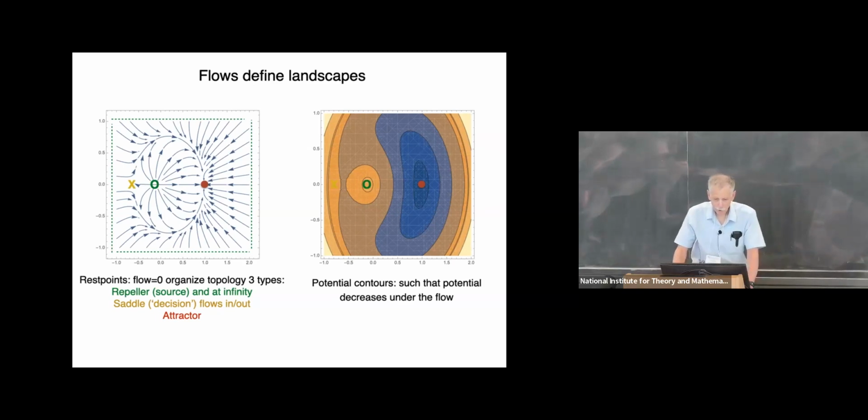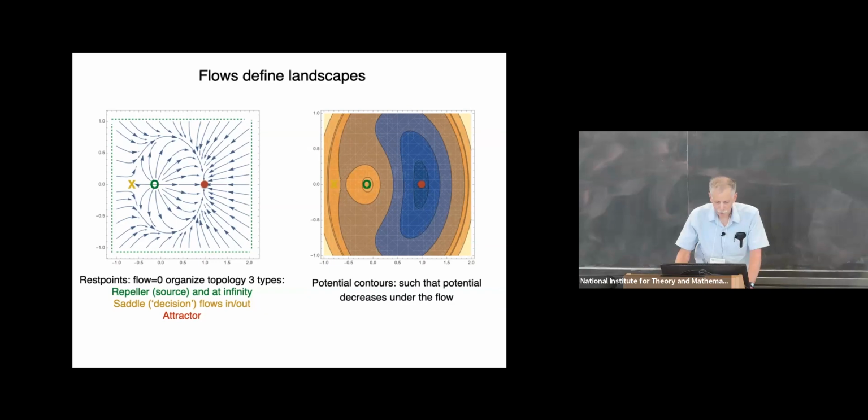Okay, so the relevant phenomenology here, or the mathematics, proceeds by taking flows on the left, i.e. arrows, and converting them into landscapes, i.e. topographies on the right. Okay, anyway, you see a green circle, which is the top of the landscape.